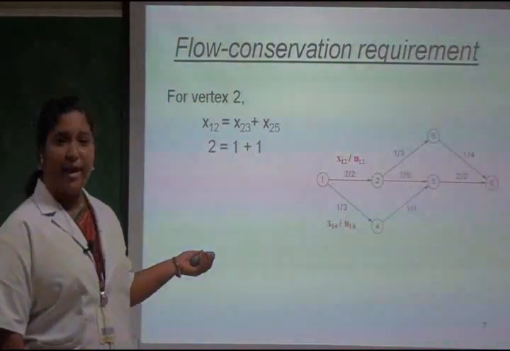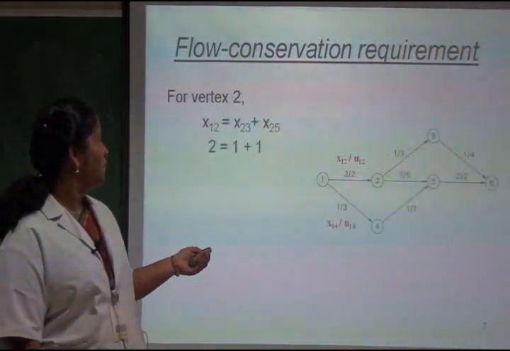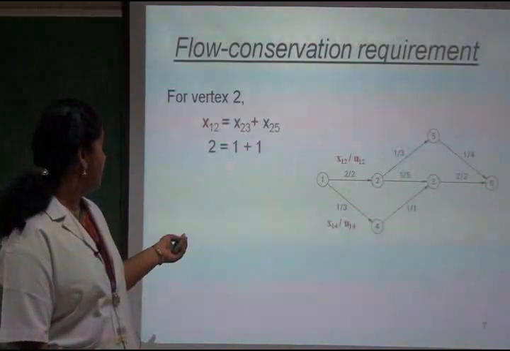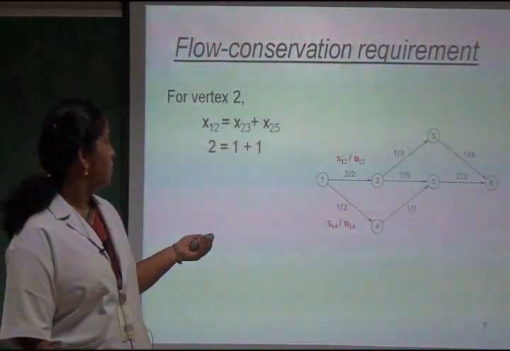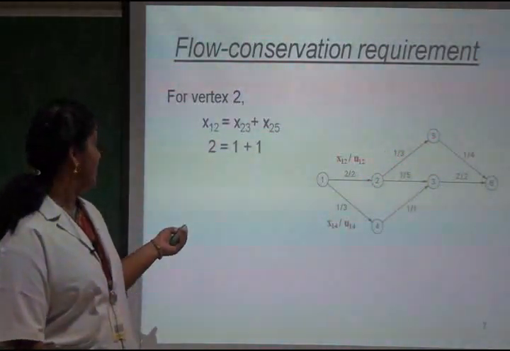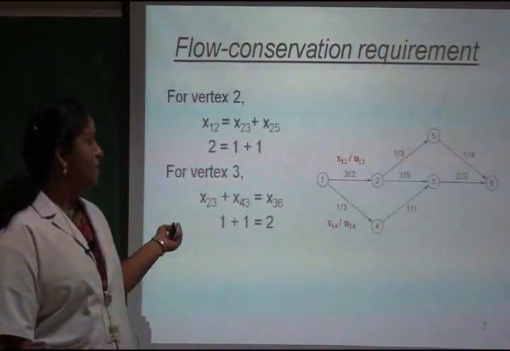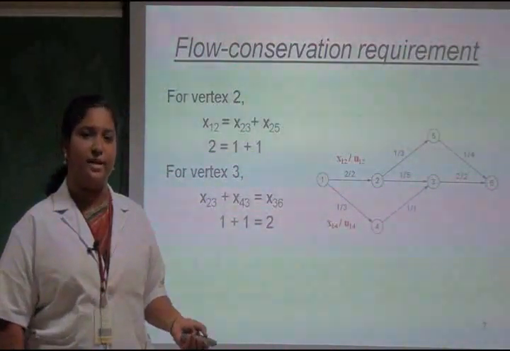What is the value of x12? It is 2, so it is written here. What is the value of x23? It is 1, so it is written here. And the next one is x25. Between vertices 2 and 5 you are having again 1, so it is written here. So 2 is equal to 2, and the flow conservation requirement is satisfied for vertex 2.